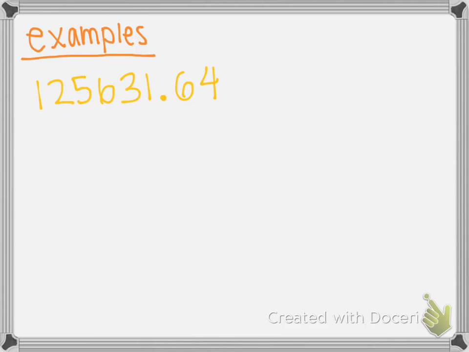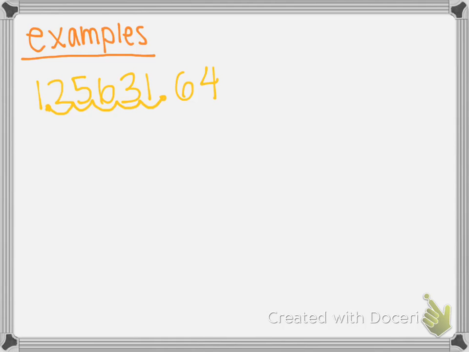So if you wanted to put this into scientific notation, you need to move the decimal so that it is right here. Okay, so you need to move the decimal so that you just have one digit before the decimal. So that number needs to be between 1 and less than 10. And then you count how many spots you moved it. So you moved it 1, 2, 3, 4. You needed to move it 5 spots to get to that place.